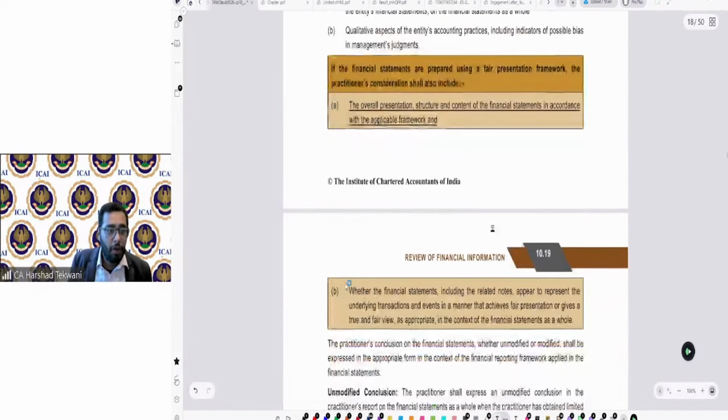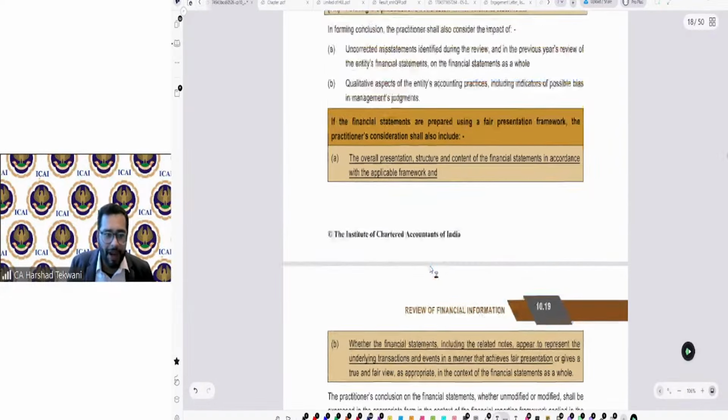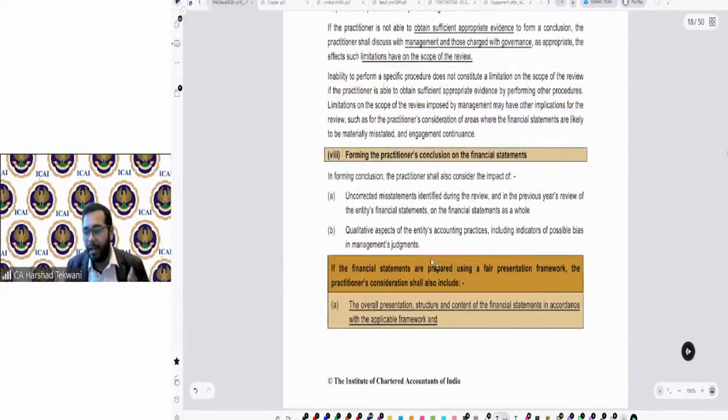Number one, whether the underlying financial statements, including related notes, appear to present the underlying transactions in a manner that achieves fair presentation. If that is the case, then yes, I can give an unmodified opinion. If that is not the case, I need to check what the impact is and how much it has deviated, and on that basis I need to issue a modified opinion, which could be qualified, adverse or disclaimer.